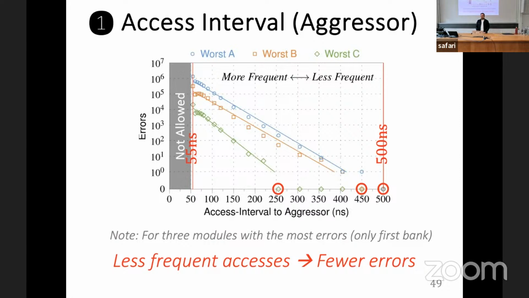Yeah, so if you go to any system, they have their own memory controllers, and all these timing constraints are enforced in those memory controllers. So it's not relevant to look at points smaller than 55 nanoseconds in this work. Later on, we looked at that as well.